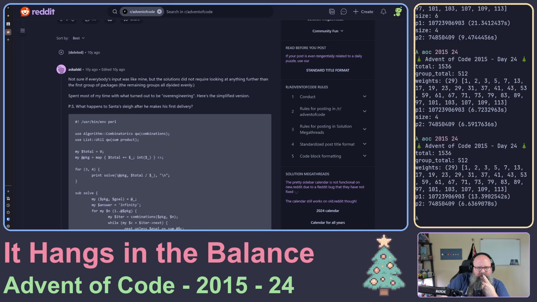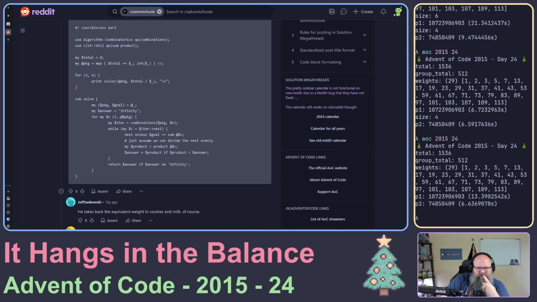The remaining groups all divided evenly. Yeah, I think, well, this is not really helpful because all of the groups have to divide evenly. So maybe that's misunderstood.